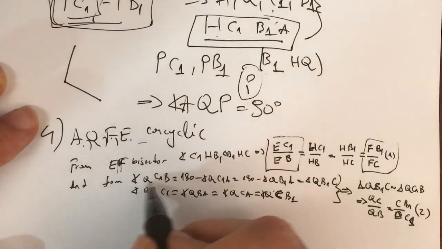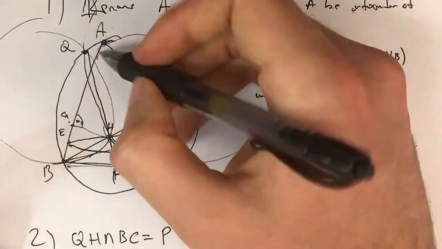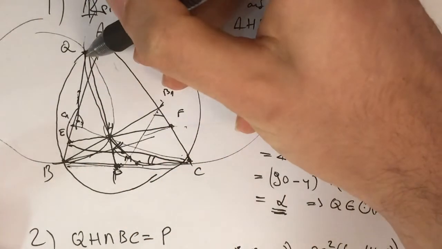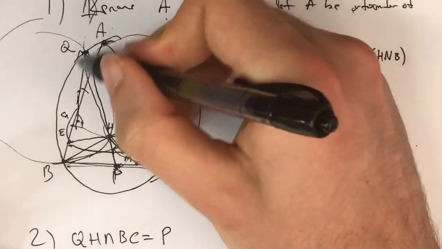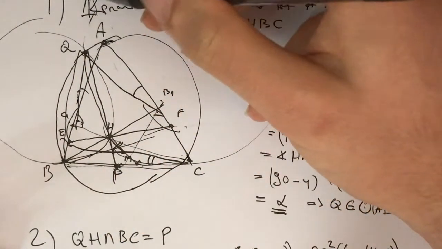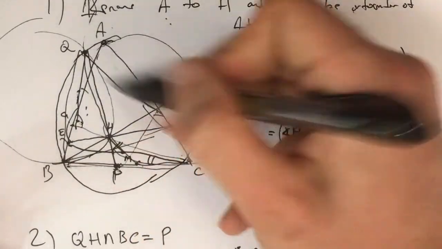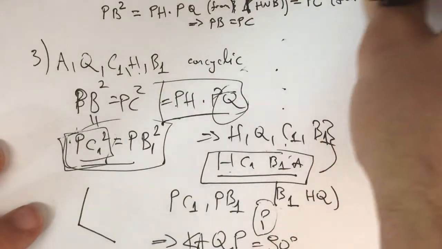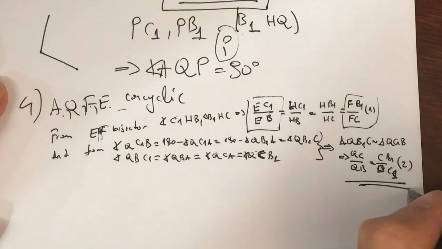And the angles QC1B and QB1C are identical, and QBC1 is QCB1, so these triangles are similar. And now that gives us this relationship.